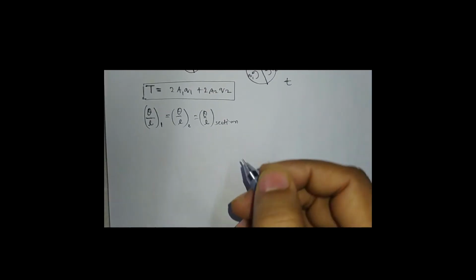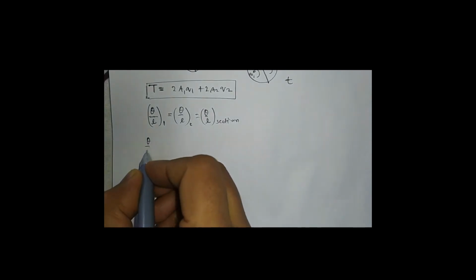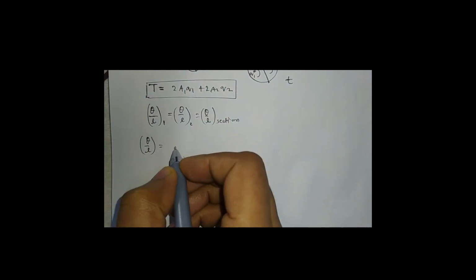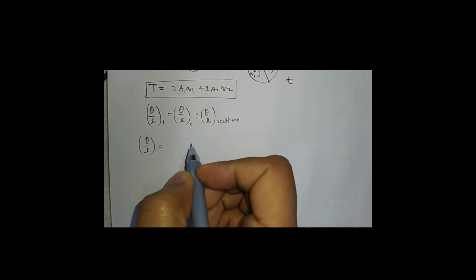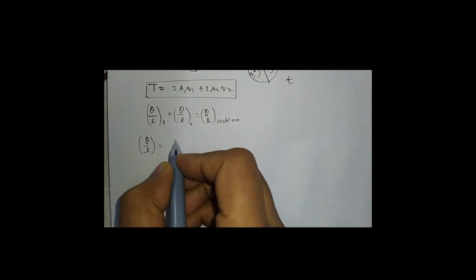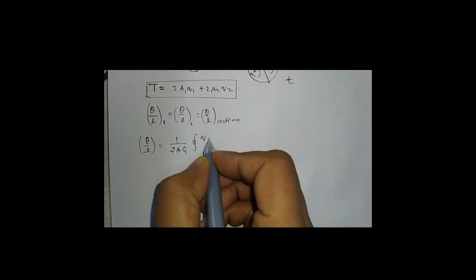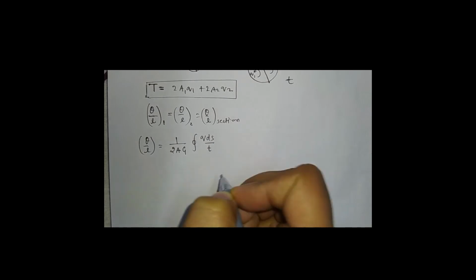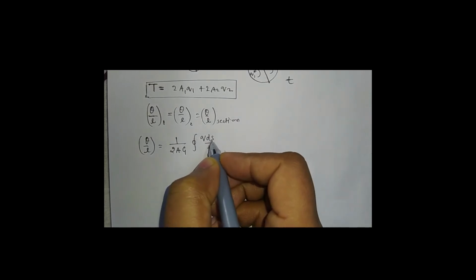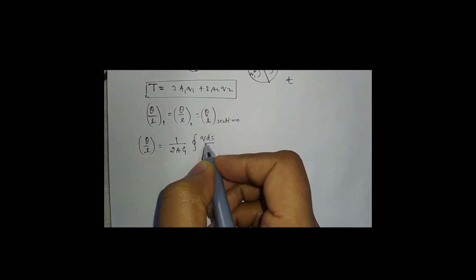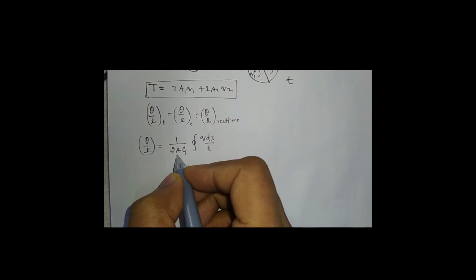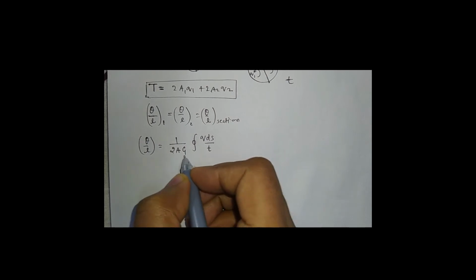So we know that the formula for the rate of twist in case of thin walled closed section is given by 1 by 2 A G, integral of Q ds by T, where S is the parameter, T is the thickness, Q is the shear flow, A is the area of that closed section or the cell, G is the shear modulus.